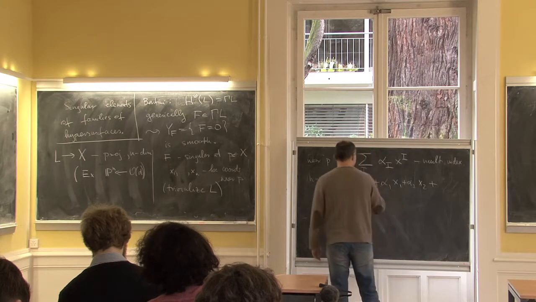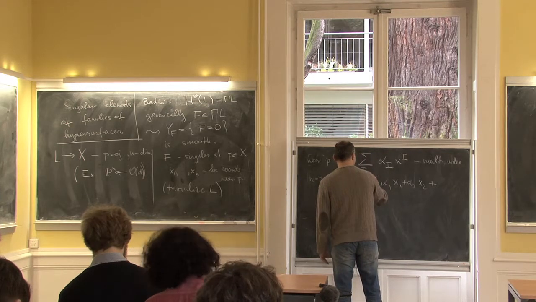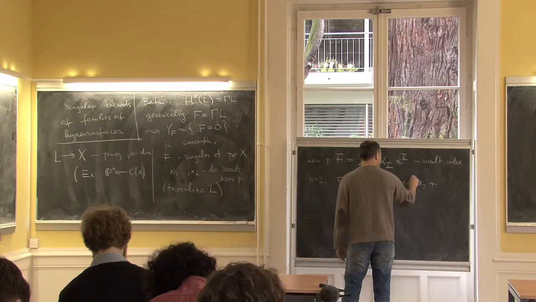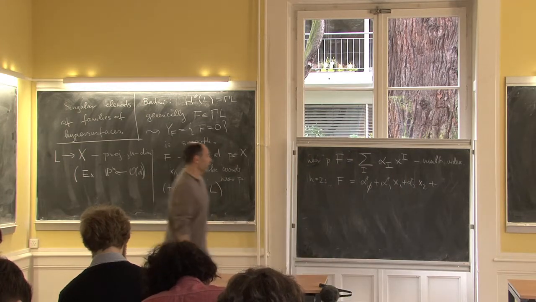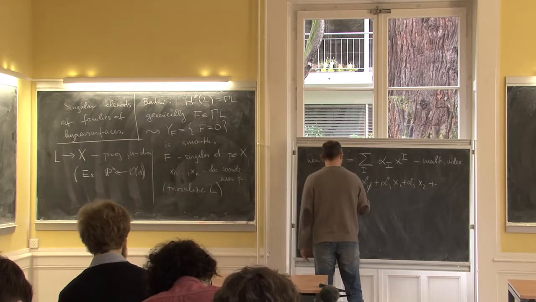I can put a little p here just to say that these are the coefficients near P. And then you do have the quadratic ones, and there are 3 of those.